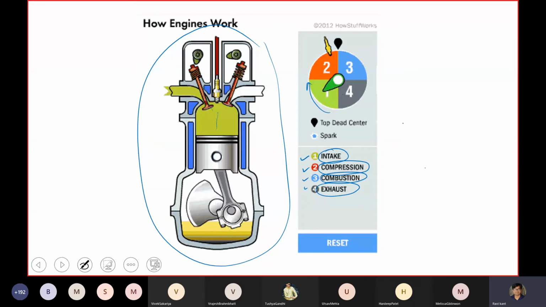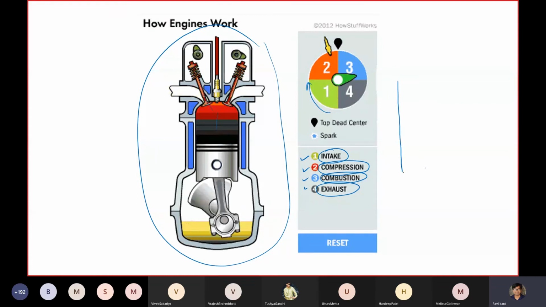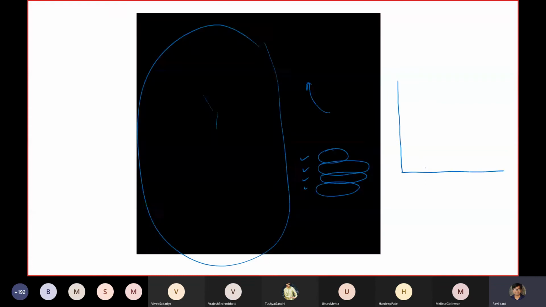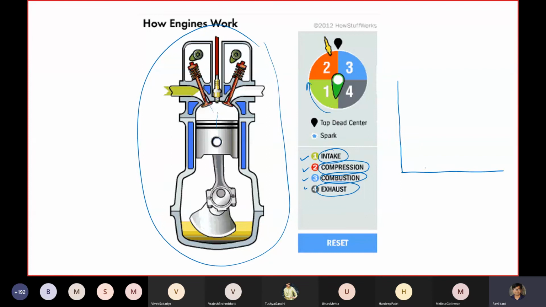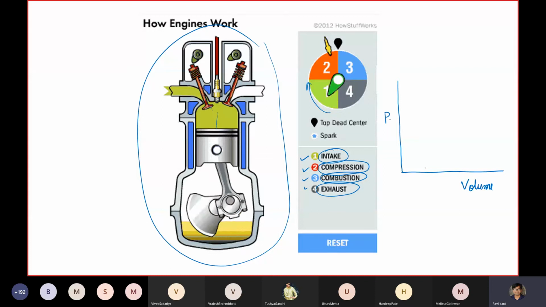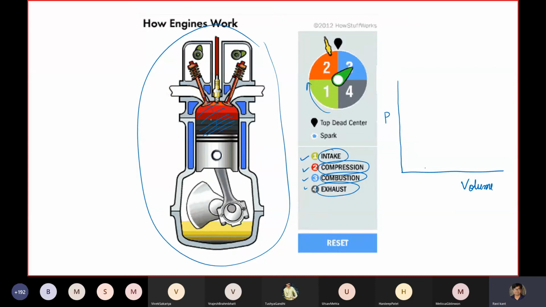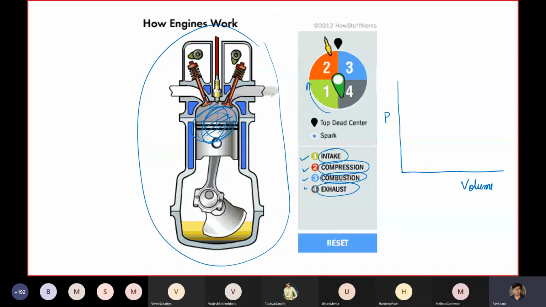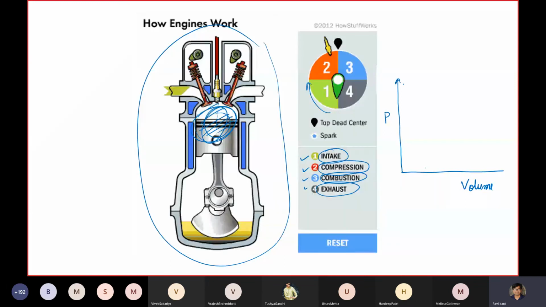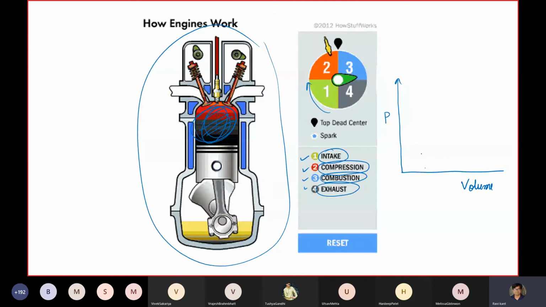Let's talk about what's happening on a graph. Suppose I have a pressure and volume plot. I am plotting the pressure inside this cylinder and the volume that it contains. We start with the intake stroke.